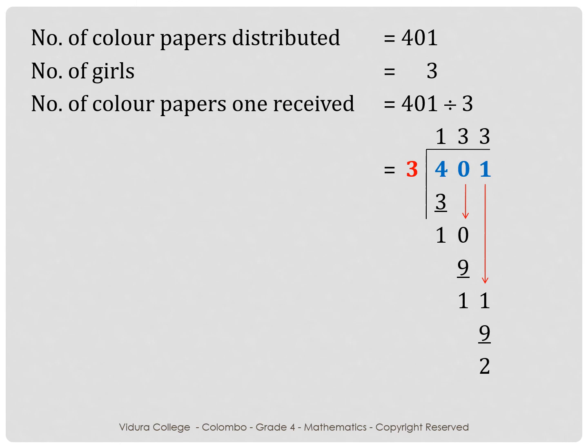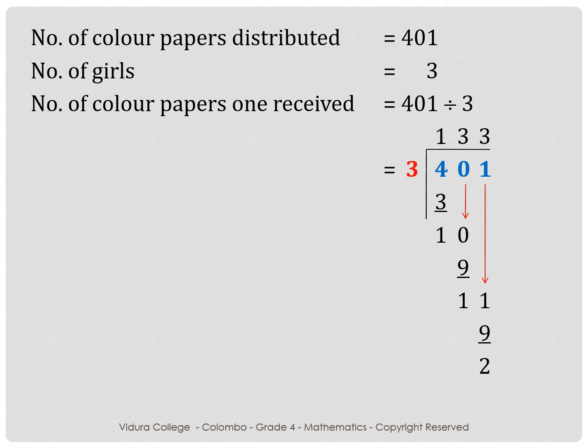Let's write down the statements for the above question now. First statement should be number of color papers distributed equals 401. Second statement should be number of girls equals 3. Third statement should be number of color papers one received.